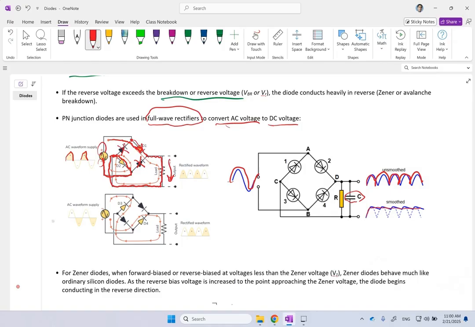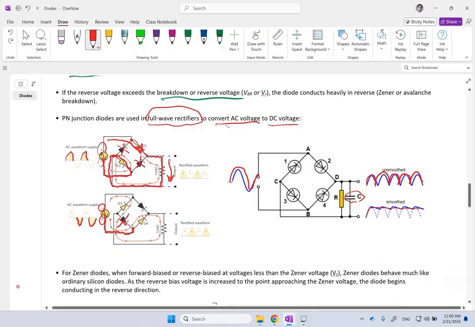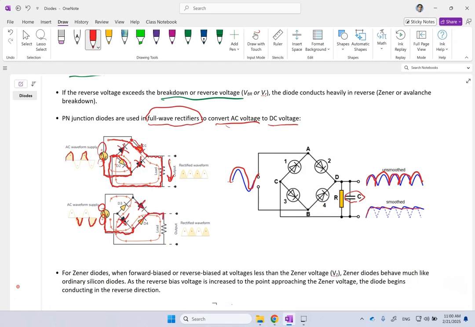Good. Now in the negative cycles of AC current, the top part becomes negative, the bottom part becomes positive. So the current goes like this, comes to this junction. Again, this one is dead, so you go through here, you come to this junction, again, this one is dead, you go through here, go through the load, come back here, and again this one is open, so you go like that.